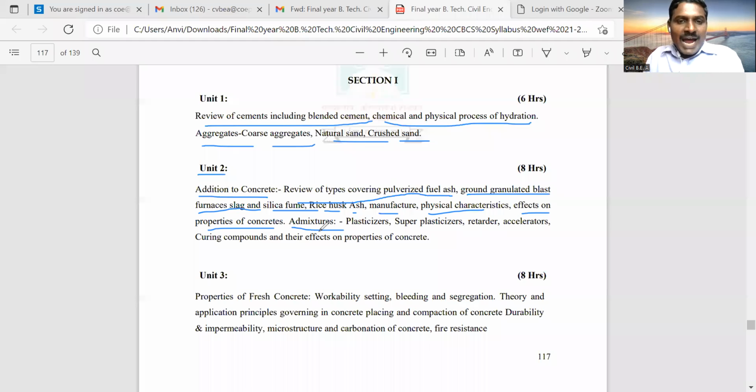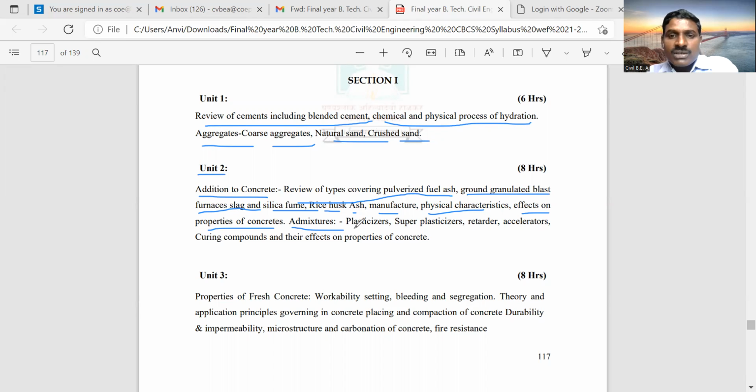So okay, the admixtures we have to use in the concrete as additives. Various types of admixtures are available in the market. The types of admixtures we have to use depend on the requirement. Some of the admixtures we are using for maintaining the workability of concrete. Some we are using to get the strength of the concrete.